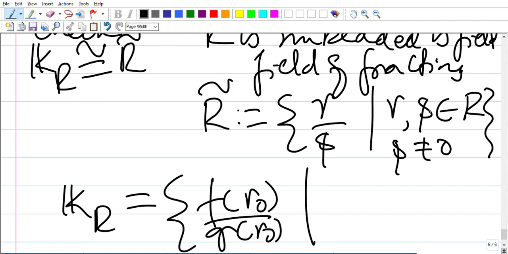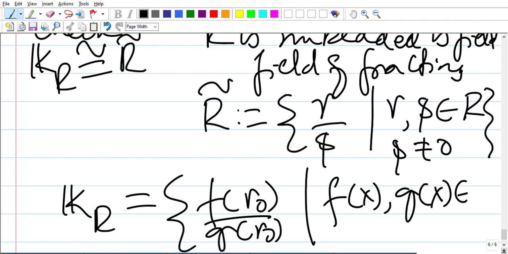That's how elements of K_R are, where f(x) and g(x) are polynomials coming from E[x], and g(r naught) should not be equal to 0.